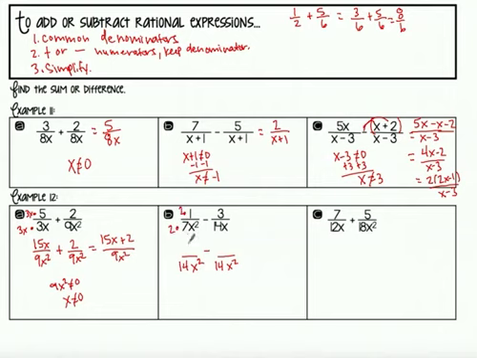So that means I do it to the top as well. And to make 14x into 14x squared, I would need to multiply by x. So I'd multiply the top and the bottom by x. And so that would give me 3x on the top. So then I would just say 2 minus 3x over 14x squared. My denominator cannot equal 0, so x cannot equal 0.